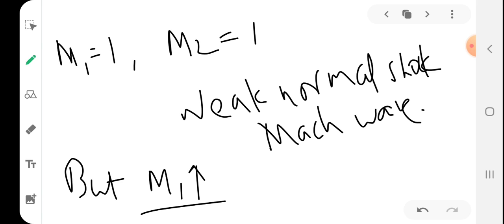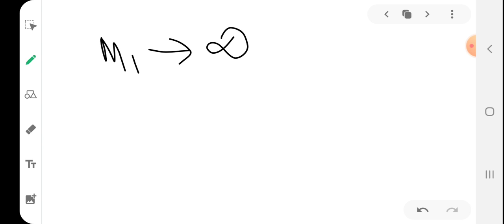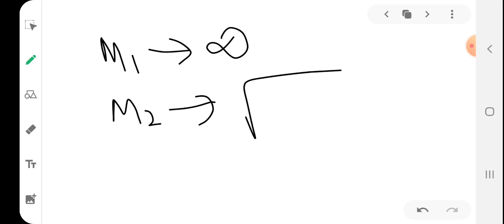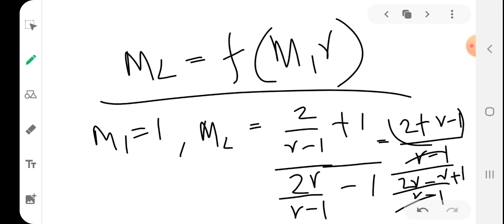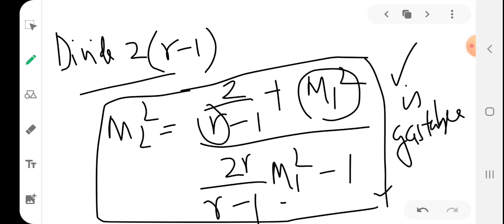So when M1 increases, M2 will progressively decrease, becoming less than unity. You can deduce from the equation that when M1 approaches infinity, M2 approaches a value of root of gamma minus 1 by 2 gamma. You can have a look at this equation.